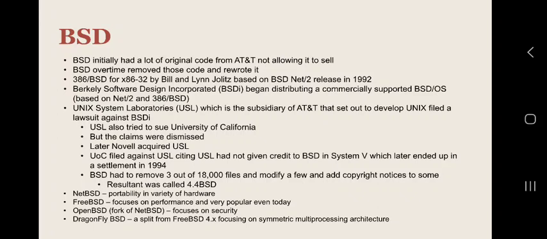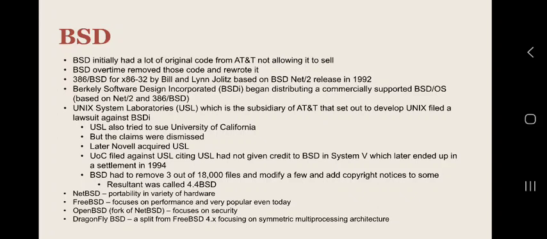Unix System Laboratories also tried to sue the University of California, where Berkeley Software Distribution was developed, but the claims were dismissed at that time. And later, there was a company called Novell. They acquired Unix System Laboratories as well.